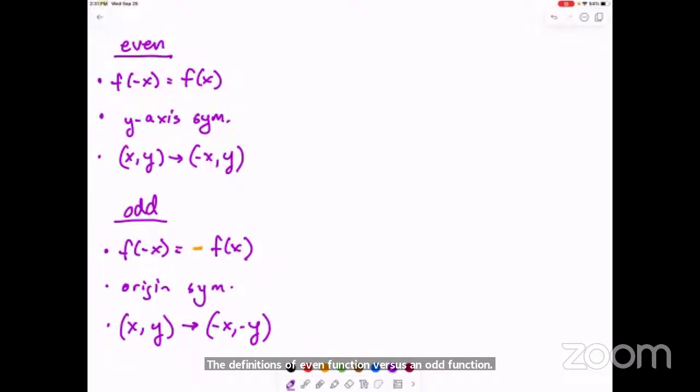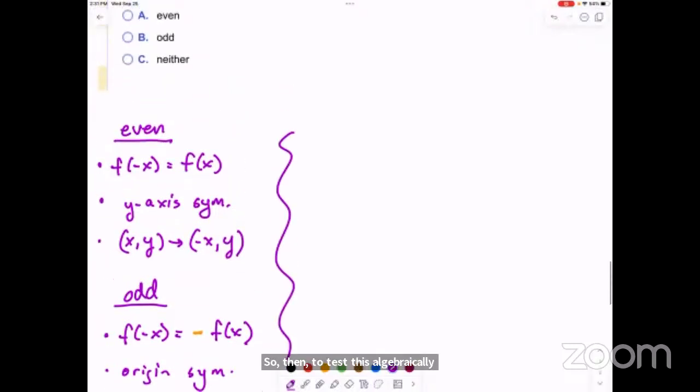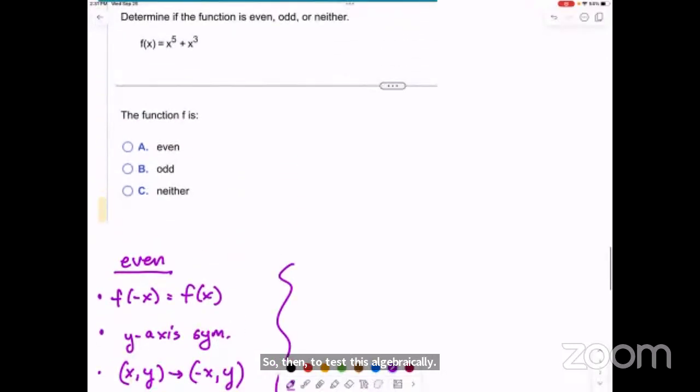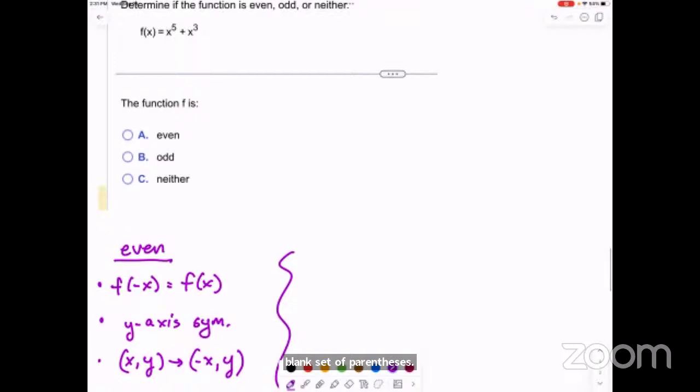So then to test this algebraically, again, first we're going to replace each x with a blank set of parentheses. So we've got f of x equals x to the power of 5 plus x to the power of 3.